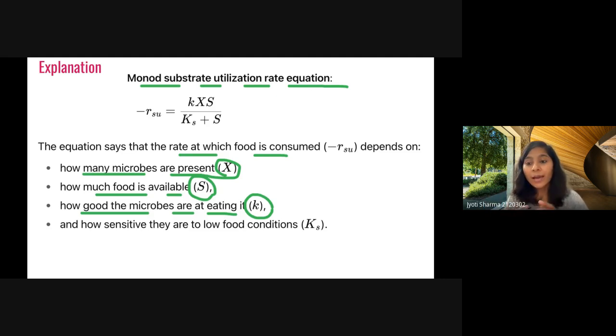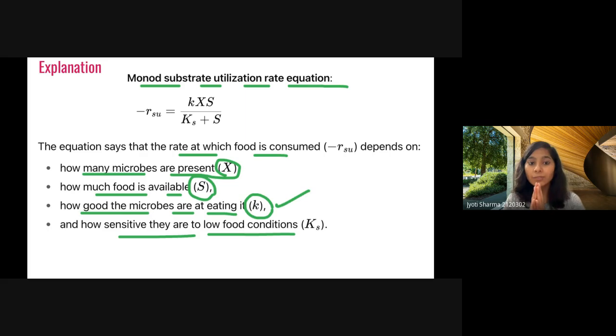So we have to see the capacity or efficiency of the microorganism at which they are eating that organic matter. So this will be under K. And how sensitive they are to low food conditions. So will they die, will they grow, will they be sustained? This is the behavior of your microorganism.